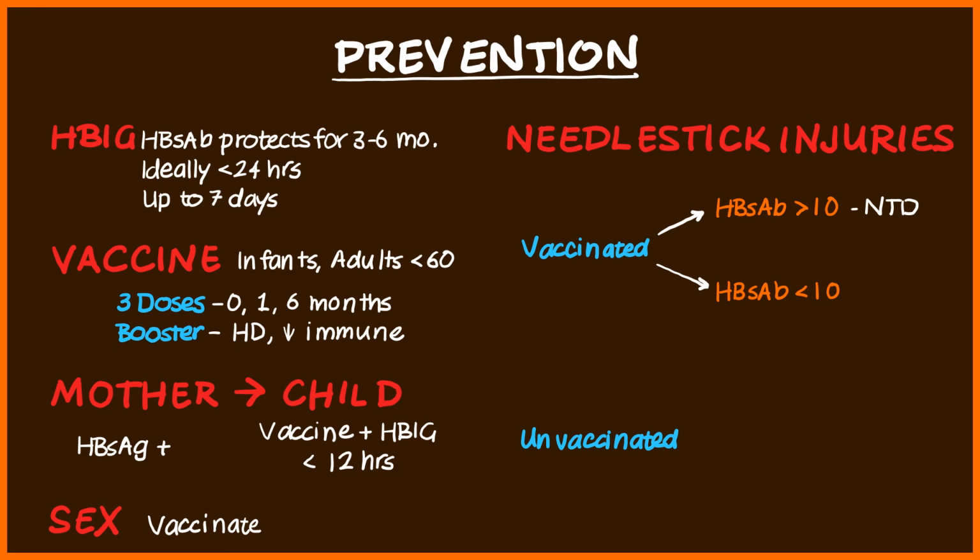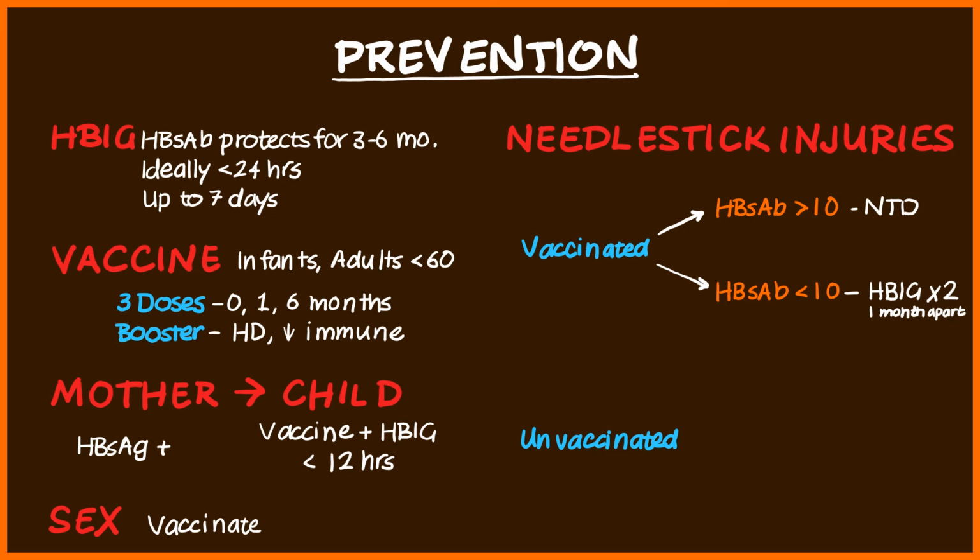Now, if they're vaccinated and the antibody is less than 10, that means, great job getting vaccinated, but unfortunately, they're still not immune. In that case, you want to give immunoglobulins twice, about 1 month apart, just to boost their immunity.